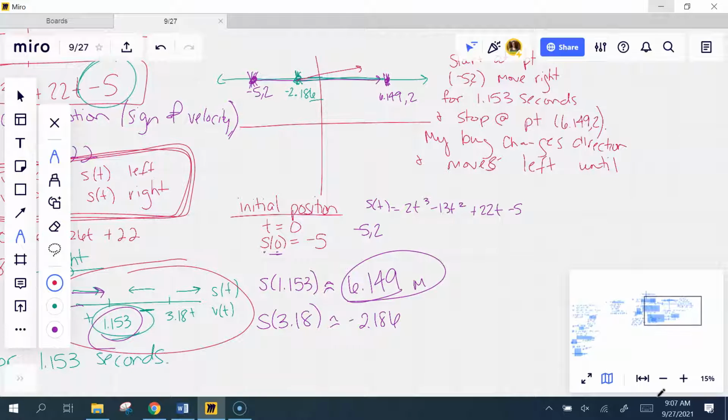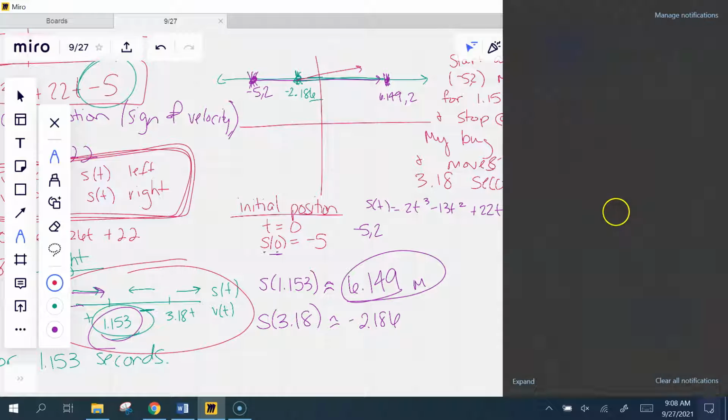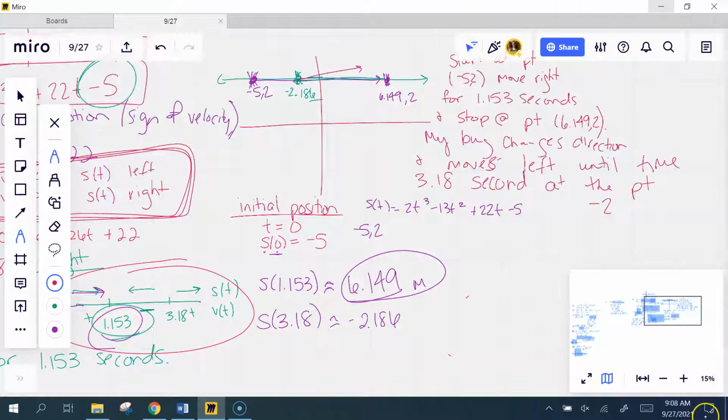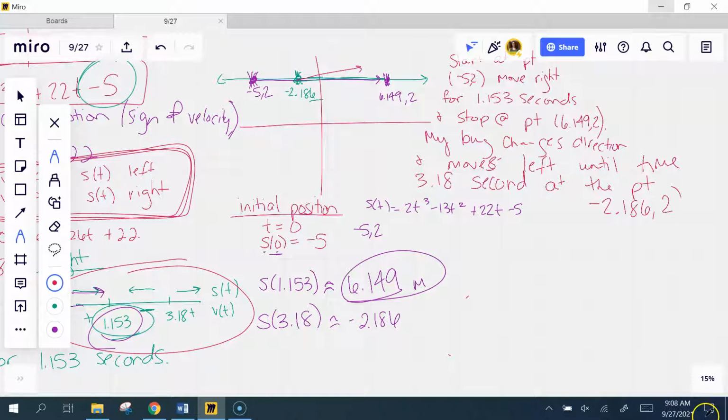And moves left until time 3.18 seconds. At the point, where am I then? Negative 2 point, stop. 2.1862.